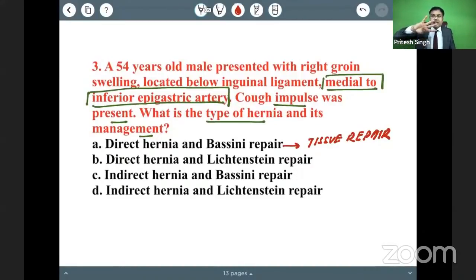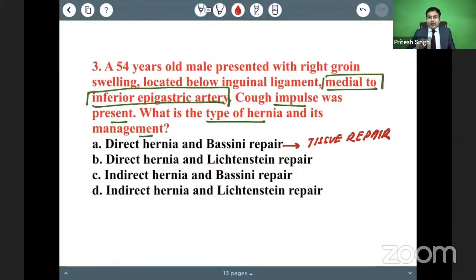I'm repeating again. These are four layers: external oblique, internal oblique, transversus abdominis, fascia transversalis. I'm taking these three layers together in the suture and then suturing them to the inguinal ligament. So this is known as triple layer repair.